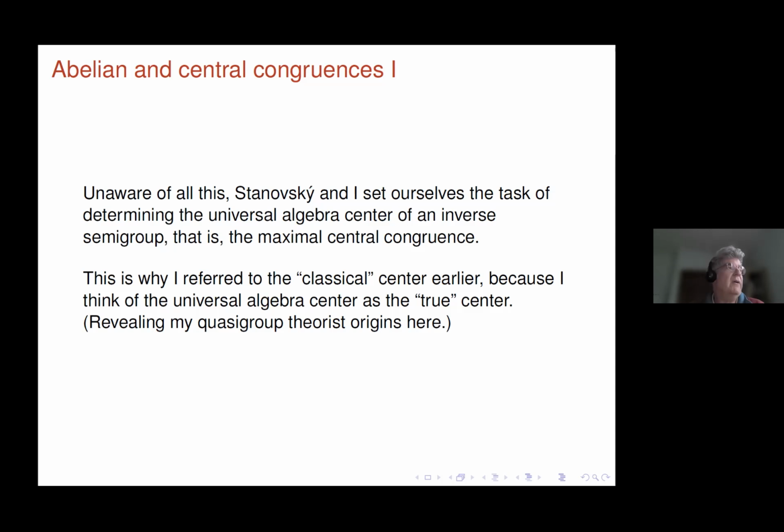This is why in the previous slide I referred to the so-called classical center, because I tend to think of the universal algebra center as being the true center. That just reveals the fact that at heart, I'm basically a quasigroup theorist.